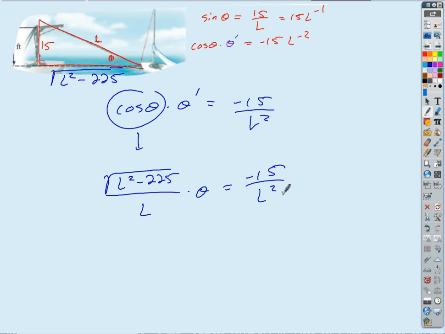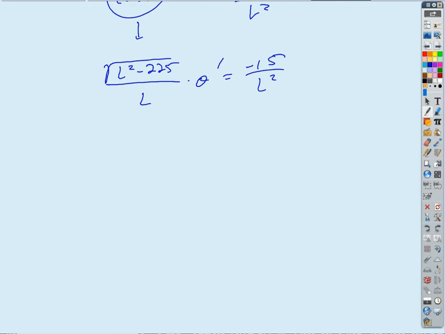Okay? And then all I got to do is divide each side by this, and just multiply by the reciprocal, and I get an answer. Theta prime equals negative 15 over L squared times the reciprocal gives me L over square root of L squared minus 225. I can cancel an L, right? And then I just plug and chug. Just plugging in values, right? I'm just trying to evaluate that derivative, okay?